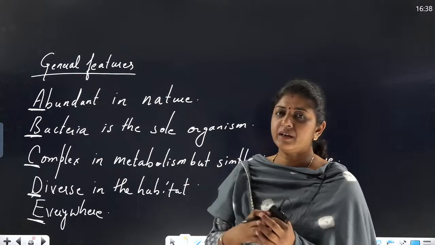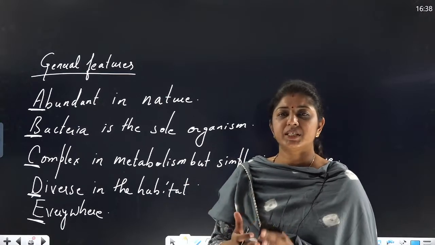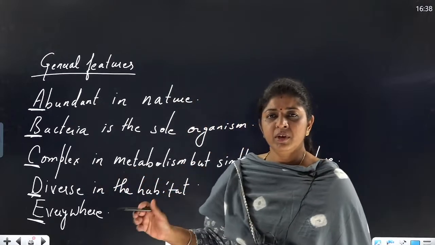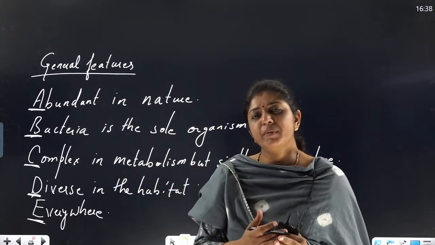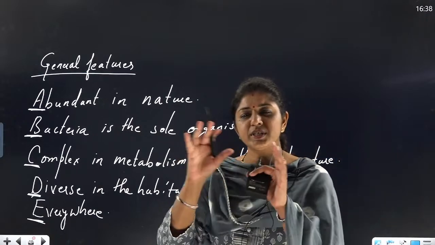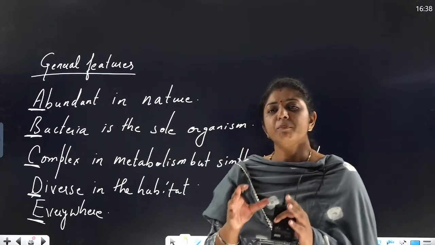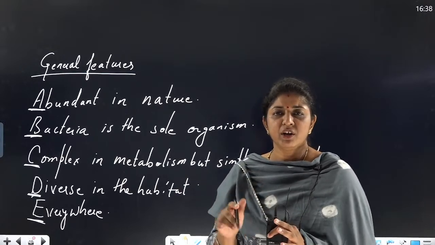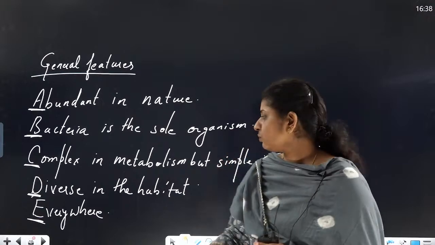And in eubacteria even the major bacteria are present. Then they are complex in their metabolism. I just said various types of metabolisms are there, and simple in its structure. Just now I said the simplicity in its structure: no membrane bound structure, nuclear membrane is absent, only nucleoid is present over there.